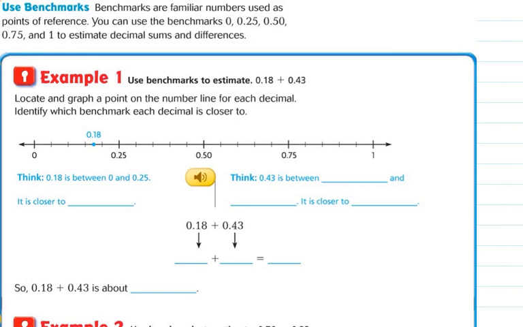So boys and girls, if we look at this, we can see that 18 hundredths is going to be greater than 0 but less than 25 hundredths. And then if we look at 43 hundredths, it would be greater than 25 hundredths but less than 50 hundredths. So I'm going to give this the point over there.